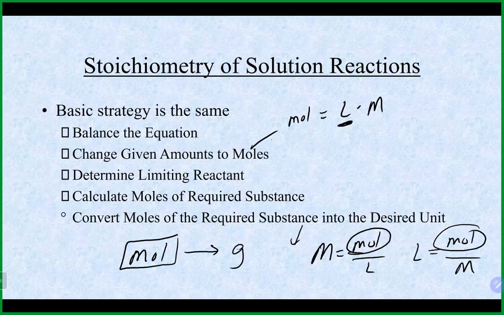In most cases at the beginning, you would probably do liters times molarity to get the moles. But at the end, you could use the molarity equation in a couple of different ways. You also could just do like we've done before, go moles to grams using the molar mass. But you really do follow the same steps. And again, you have to recognize whether or not that is a limiting reagent type problem that requires a calculation. Any questions on that? So let's take a look at one here together.